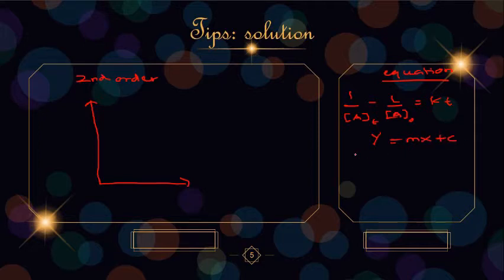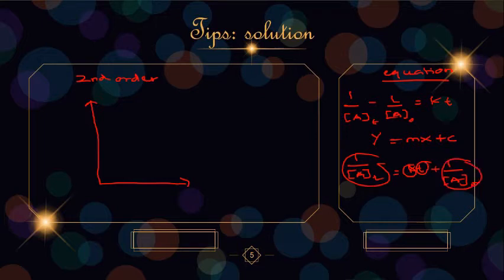So it becomes 1 over concentration A at a certain time equals to kt plus 1 over concentration A naught. So this is your y, this is m, okay, this is x, and this one is the intercept, lintasan ya.